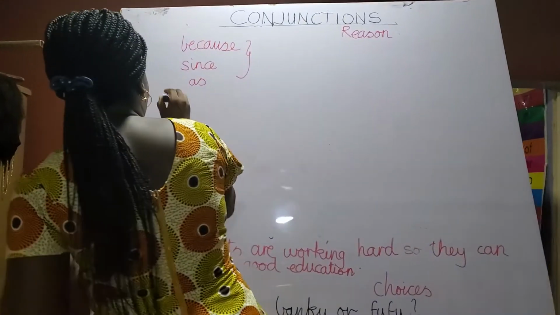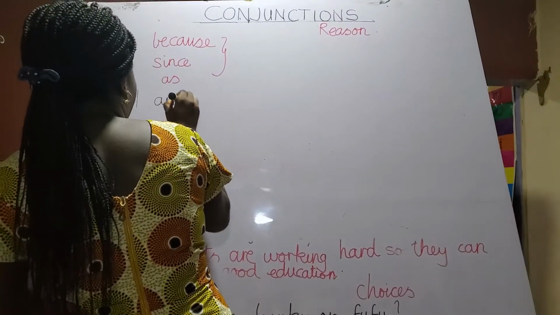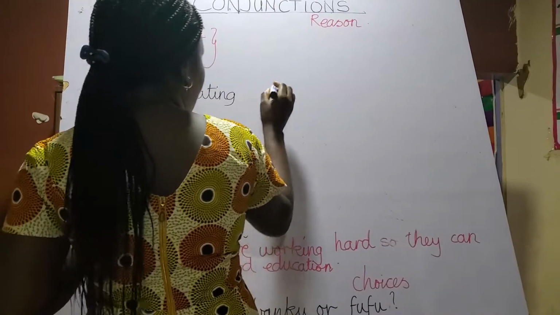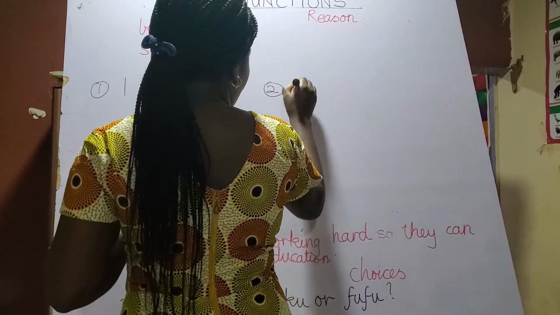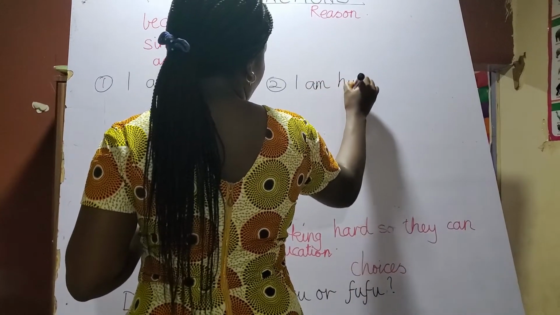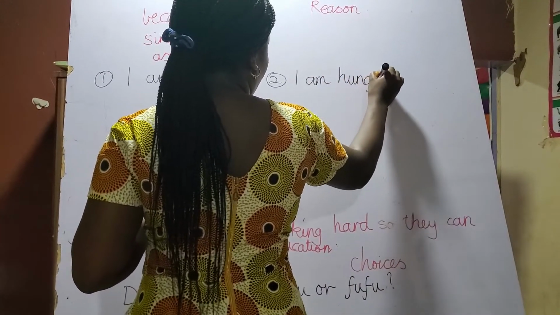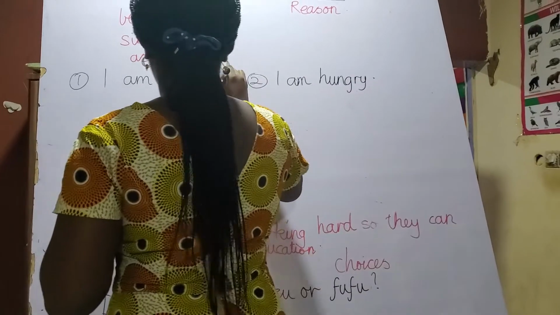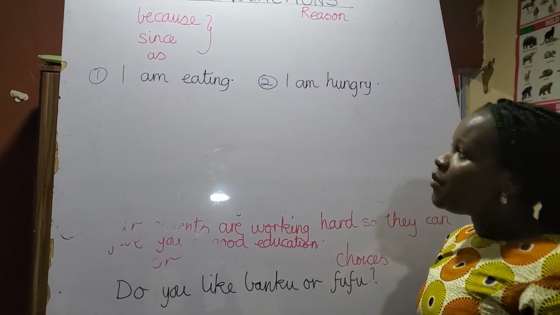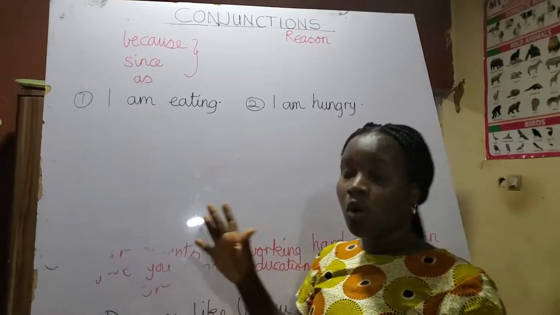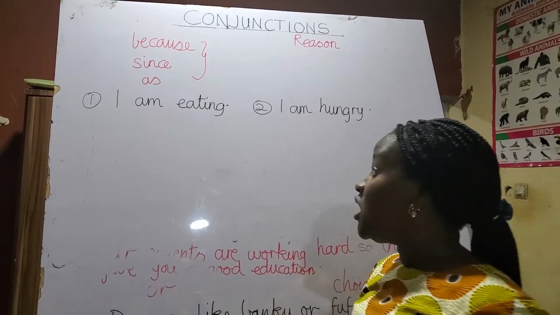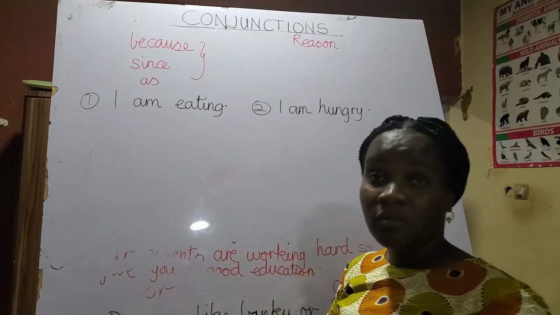Let me write it down here as well. 1. I am eating. 2. I am hungry. I am eating. I am hungry. Now we can use the conjunction because to join these two sentences. Okay, why are you eating?